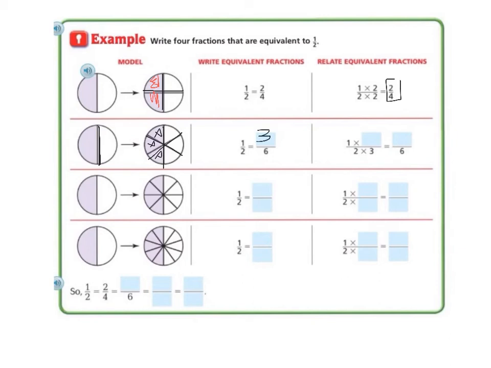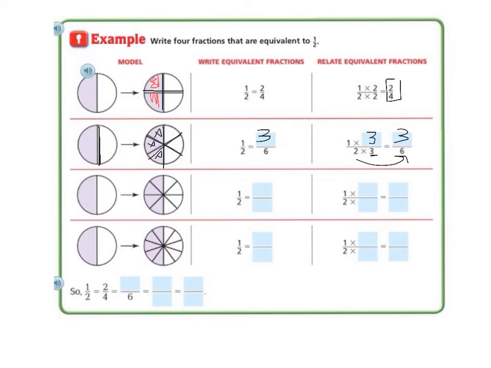And if we show our math to show how we got there, in order to get from 2 to 6, we multiplied by 3. And whatever we do to the bottom, we have to do to the top to keep it equal. So if I multiply the bottom by 3, I have to multiply the top by 3. 1 times 3 is 3. So I get the fraction 3/6.